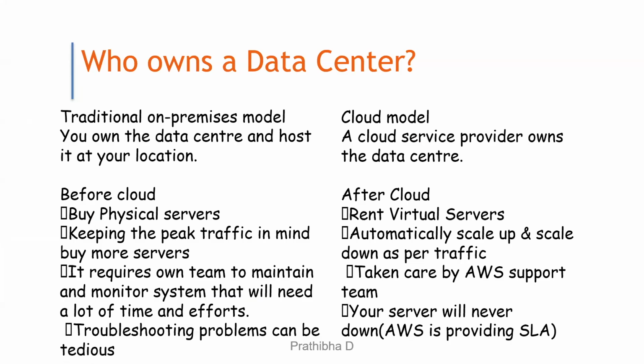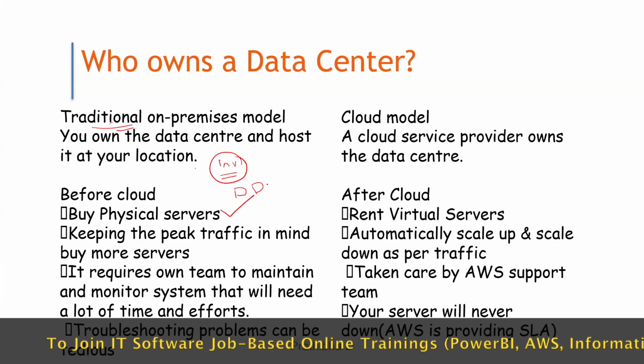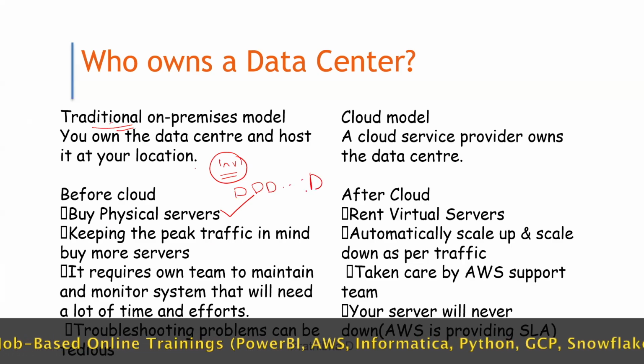So what is the difference? In the case of the traditional one, the one bought by the company, there is investment. They have to purchase these physical servers, and you have to have an idea that your company might need 200 servers or 300 servers. So you're purchasing that many servers.